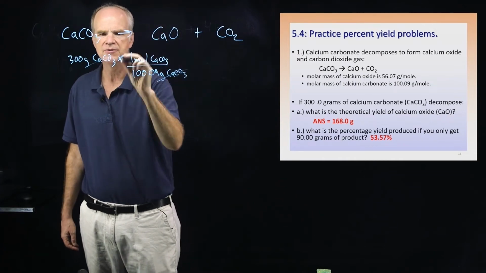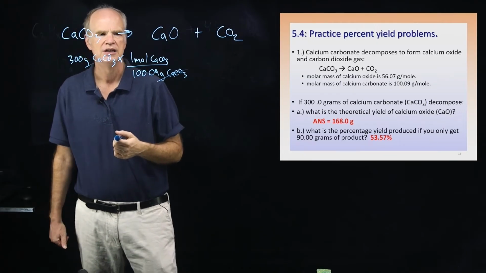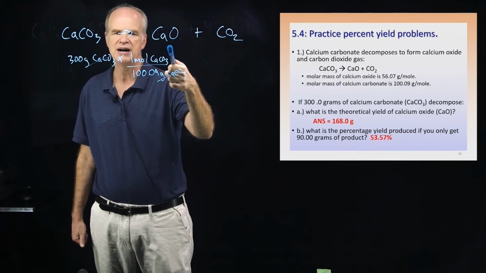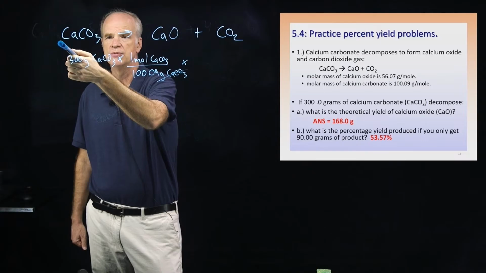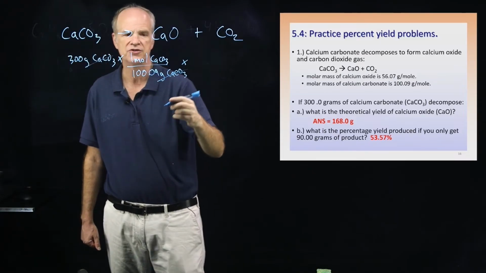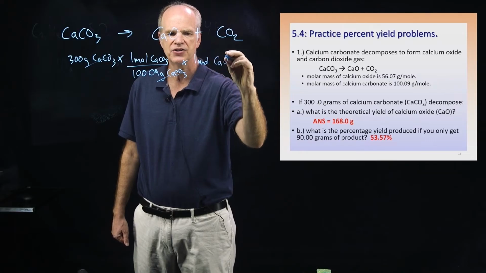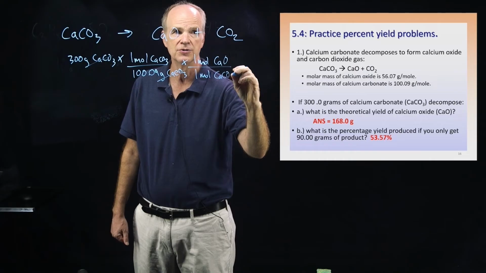And so you see the grams of calcium carbonate cancel out, and we get an answer in moles of calcium carbonate. And then we have to take this to calcium oxide. So here we note the mole ratio in the equation. 1 mole of calcium carbonate gives you 1 mole of calcium oxide. So 1 mole of calcium oxide over 1 mole of calcium carbonate.